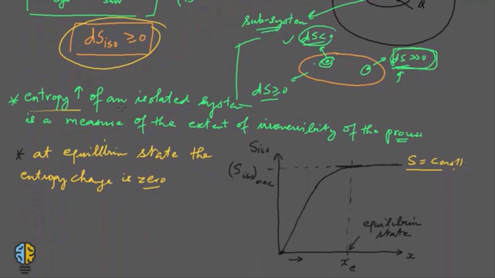The entropy increase of an isolated system is a measure of the extent of irreversibility of the process, and at equilibrium state, the entropy change is 0. It will be very good if you are able to remember this diagram as well, which represents the entropy of an isolated system and the state change.